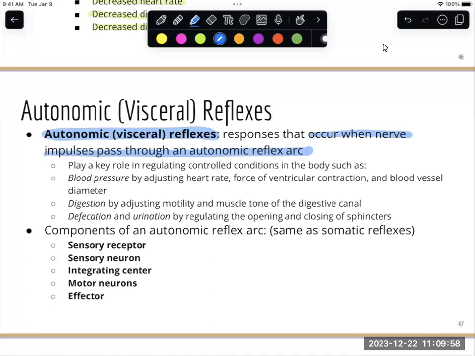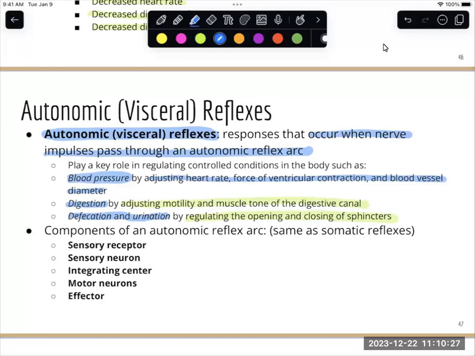So we're controlling our blood pressure through these reflex arcs. Digestion, defecation, and urination. Blood pressure, you can adjust the heart rate, the force of ventricular contraction, blood vessel diameter. Digestion, adjusting motility and muscle tone. And urination and defecation, you're regulating the opening and closing of sphincters.